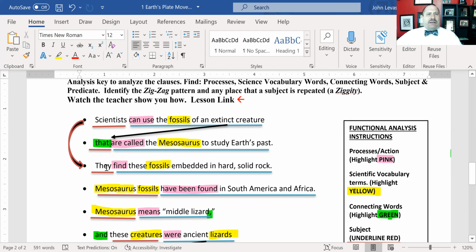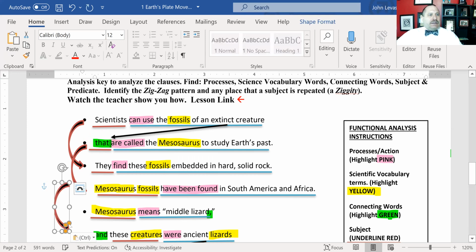They, who is they? Who are they? Well, they can't be Mesosaurus. It must be the scientists. The scientists, so now again we have the scientists find these fossils embedded in solid rock. Mesosaurus fossils, well, aren't we taking the subject, which is these ancient creatures, and bringing it down and making the next subject Mesosaurus or Mesosaurus fossils?